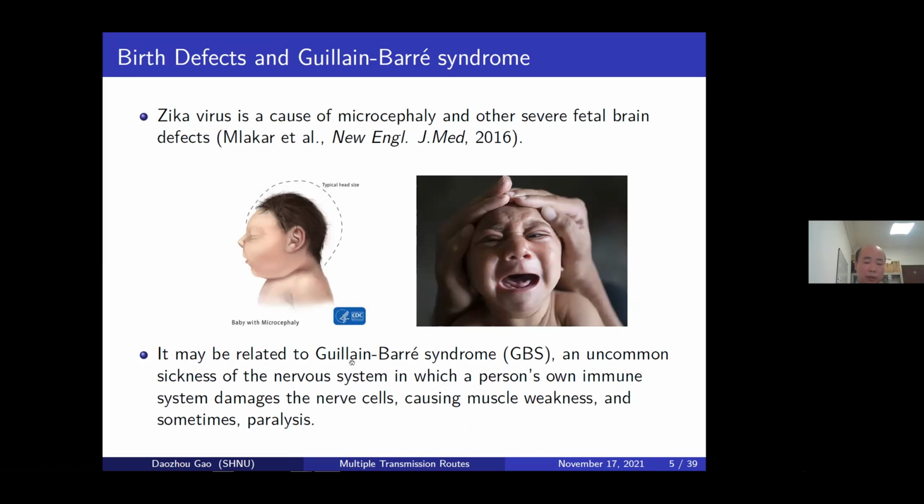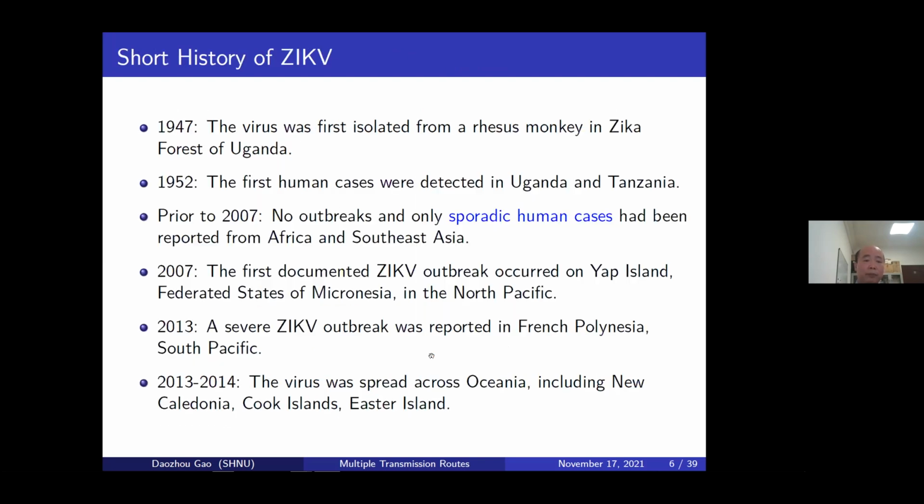The other is Guillain-Barré syndrome, which can cause muscle weakness and sometimes paralysis. The virus was first isolated from a monkey in Zika forest of Uganda in 1947. That's the reason why it is called Zika virus.